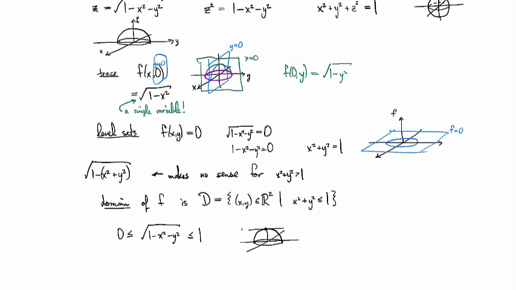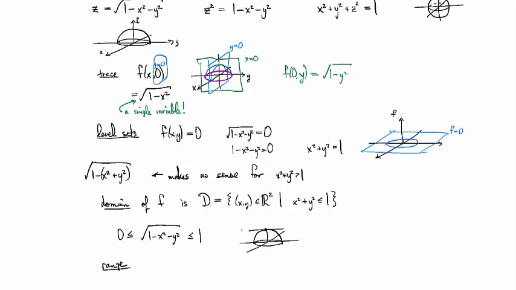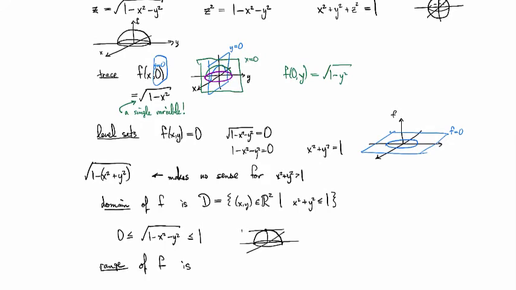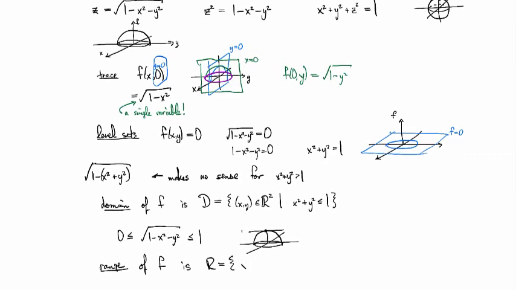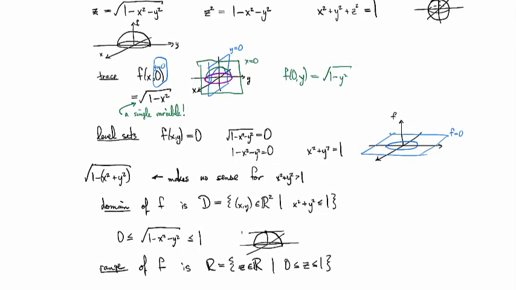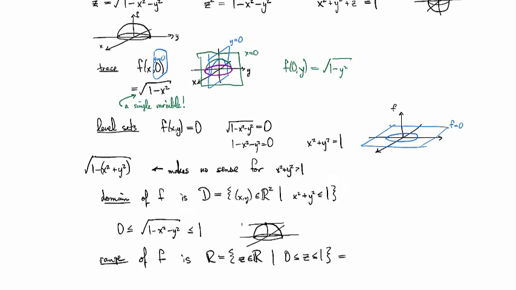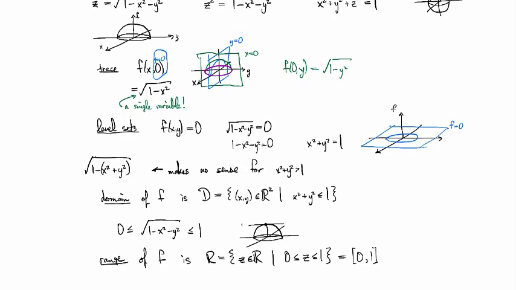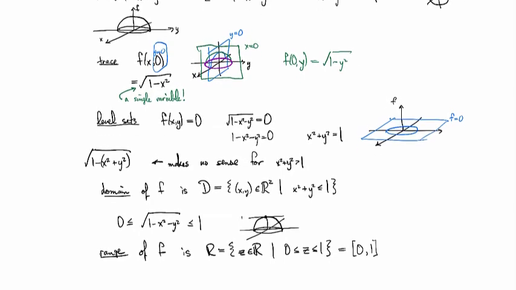So we would say the range of f is all of the, actually let's call it z's, z in R, where z is between 0 and 1. And that's a really long way to write it. Usually we would just use the standard shorthand convention. The closed unit interval from 0 to 1 is the range of this function.